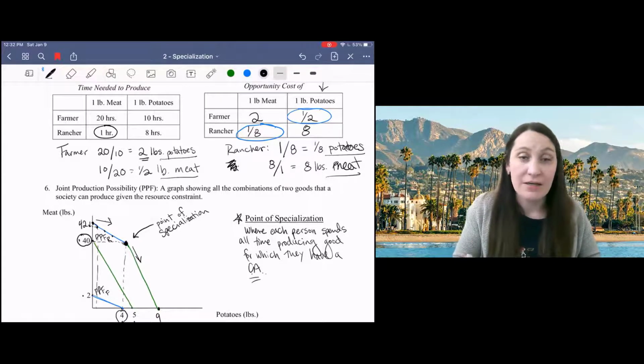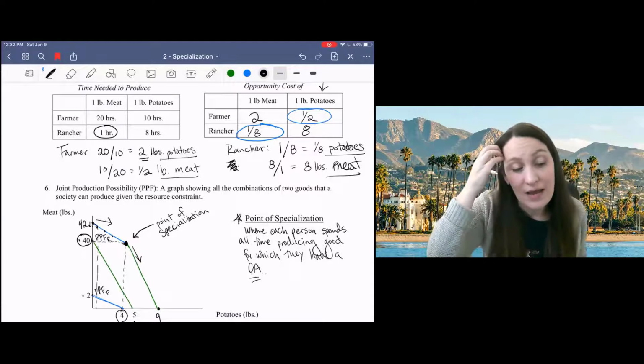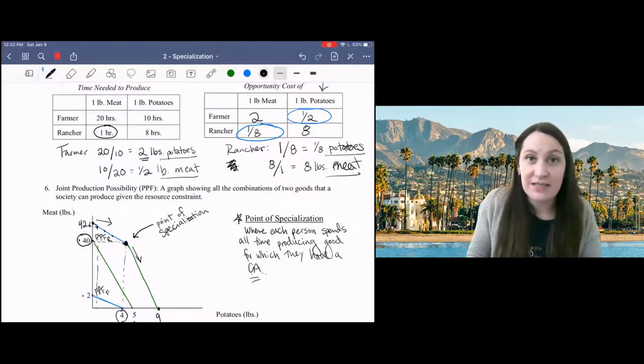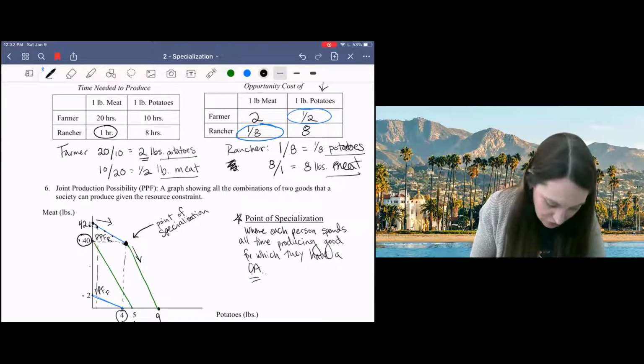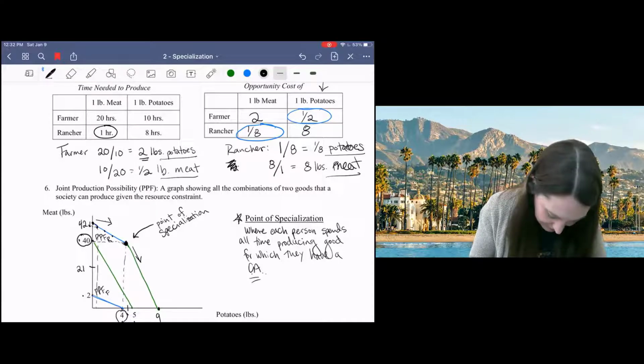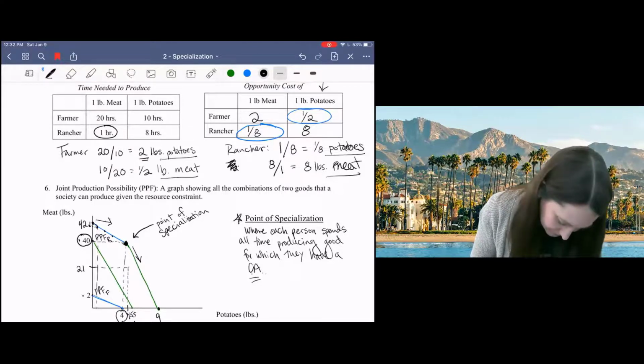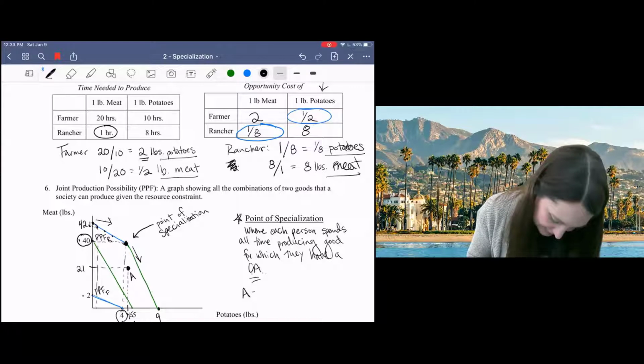So if you remember from the previous video, we have found that without specialization, if both people spend half their time producing meat and half their time producing potatoes, we end up with 21 pounds of meat and 4.5 pounds of potatoes. So somewhere like here. I'll just label that point A. So A is the point with no specialization, where they each devoted half their time to producing each good.